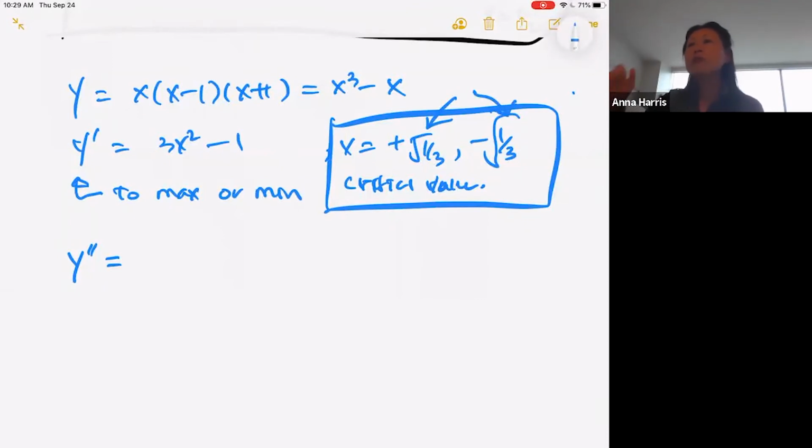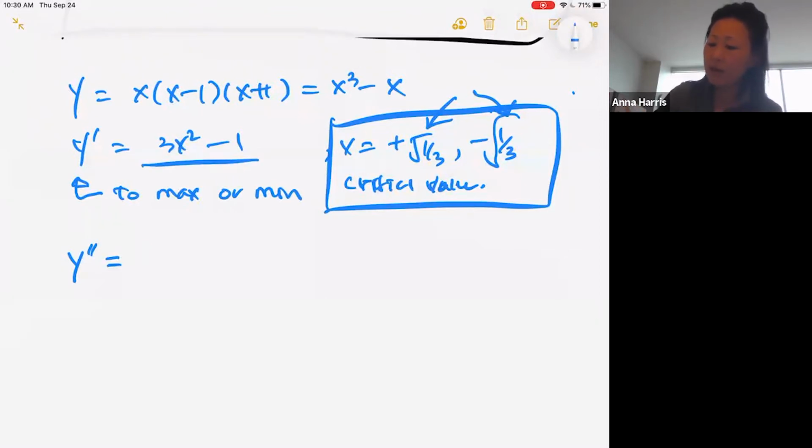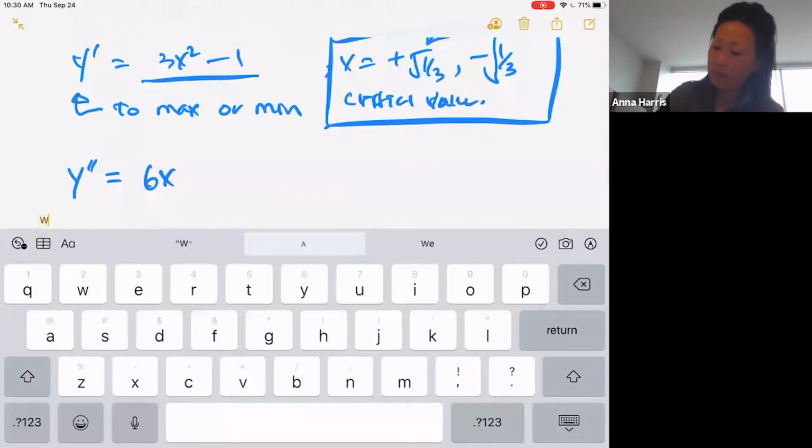To do that, you have to take a second derivative, all right? So take a second derivative now. When you take a second derivative of this, you get a what? 6x. All right. Now plug it in.